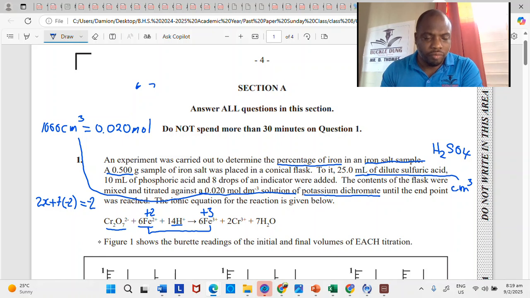Not true? Yes, sir. And we come to 2x, 7 times negative 2.